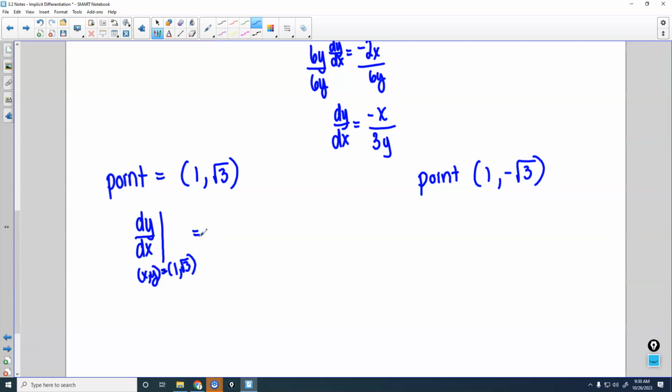Okay, so that's some kind of weird notation that we haven't seen yet. But this is telling us that we're plugging 1 and square root of 3 into our derivative.